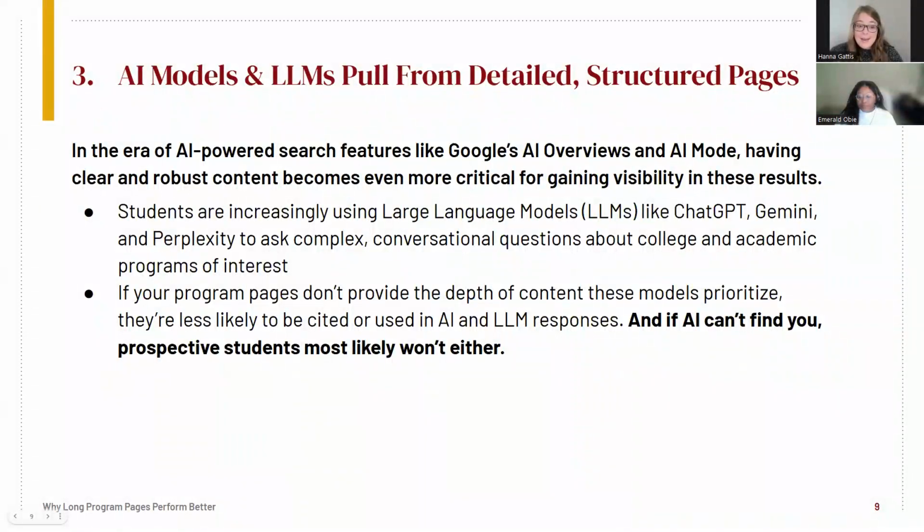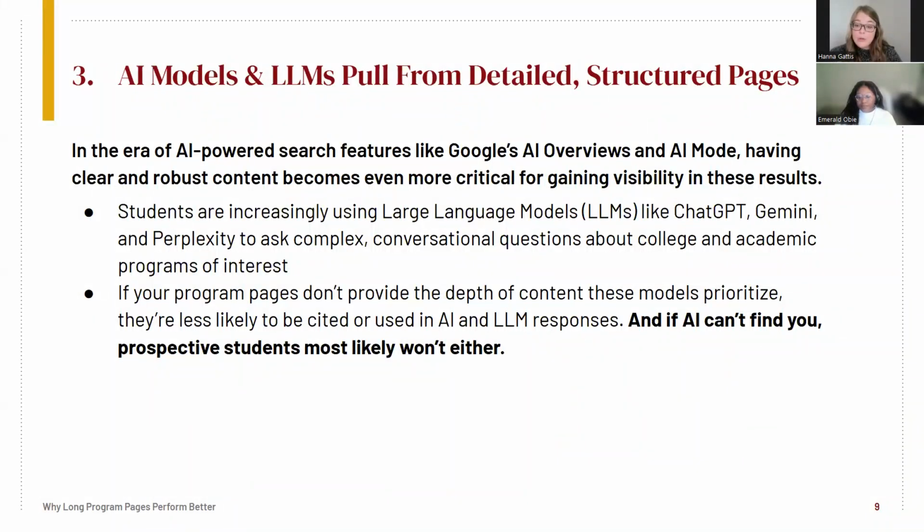Additionally, today, AI models and large language models, or LLMs, are becoming a huge factor in SEO. So it's important for us to know that AI-powered search features like Google's AI Overviews and the new AI Mode pull from very detailed and very structured pages in their citations. And we know that the students of today are increasingly using tools like ChatGPT and Gemini and Perplexity to ask complex and very conversational questions about specific colleges or specific academic programs.